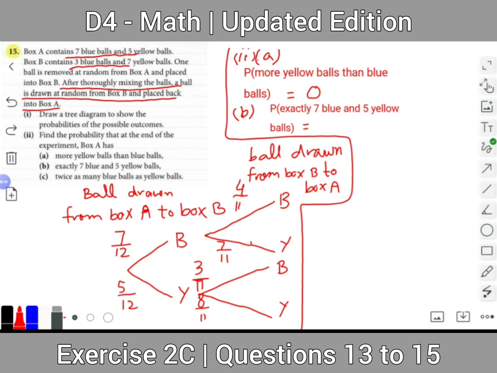So for this we have two possibilities: the first ball is blue and the second ball is also blue, plus the probability that both balls are yellow.